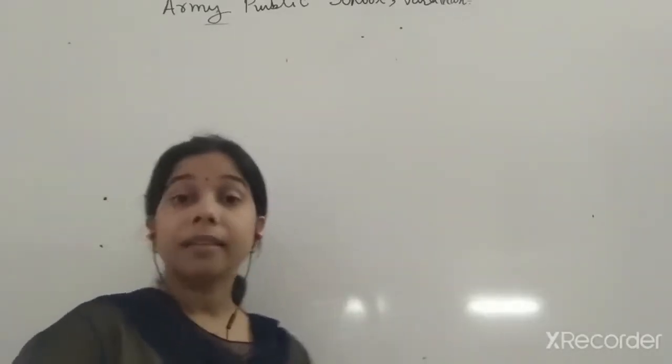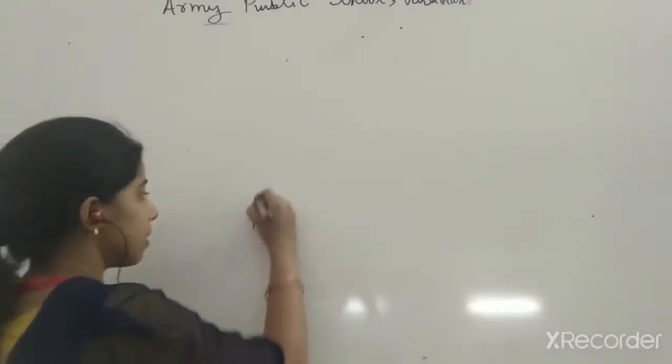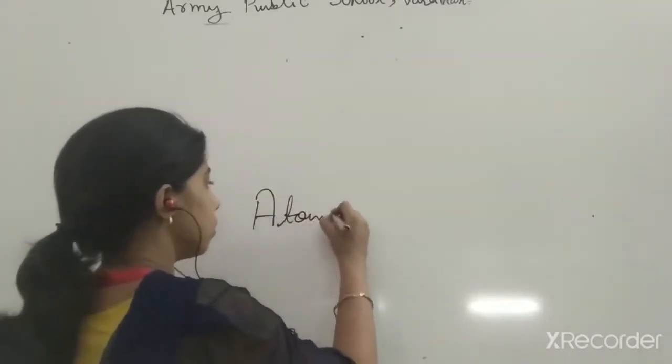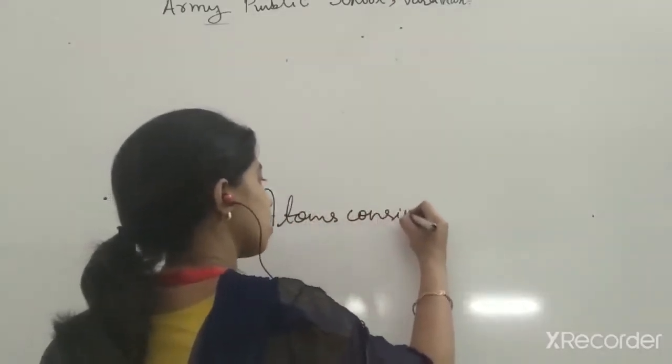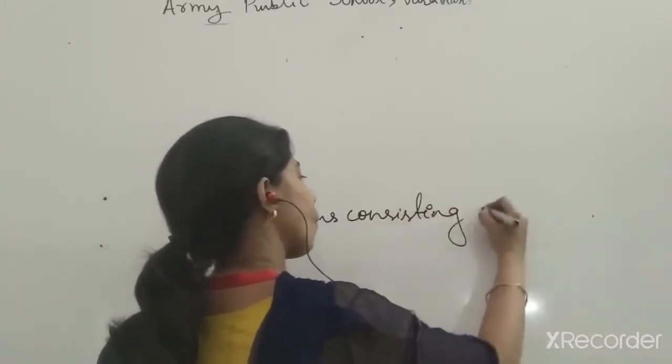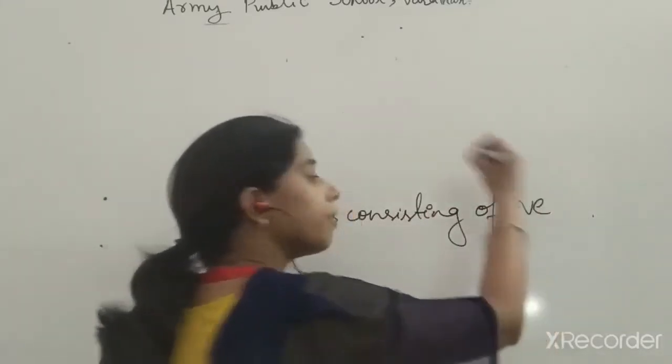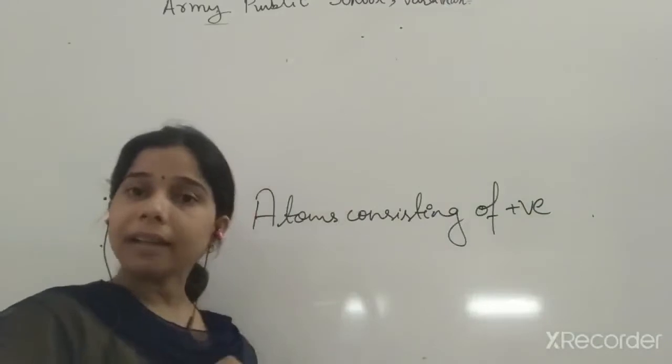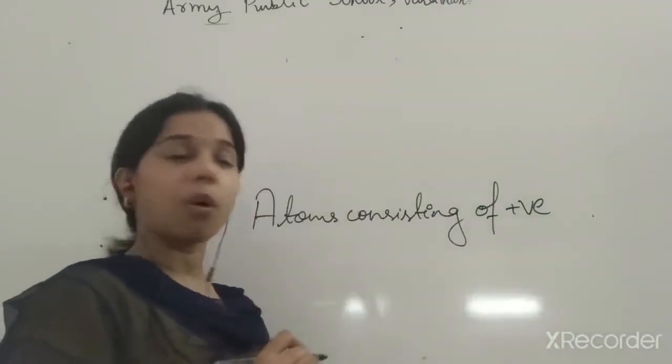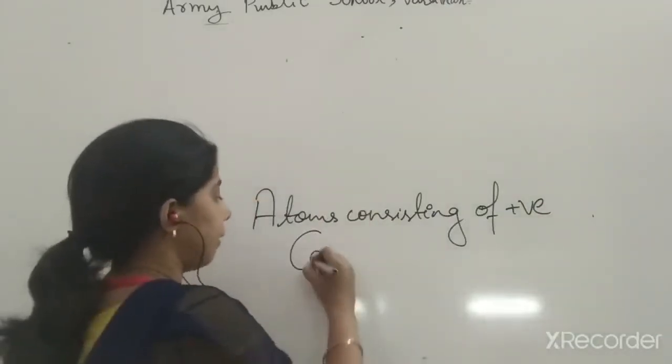Now, the atoms which consist of a positive charge, that kind of atom we call a cation.